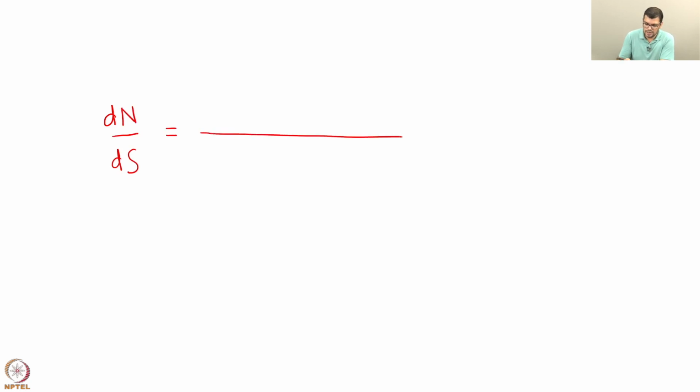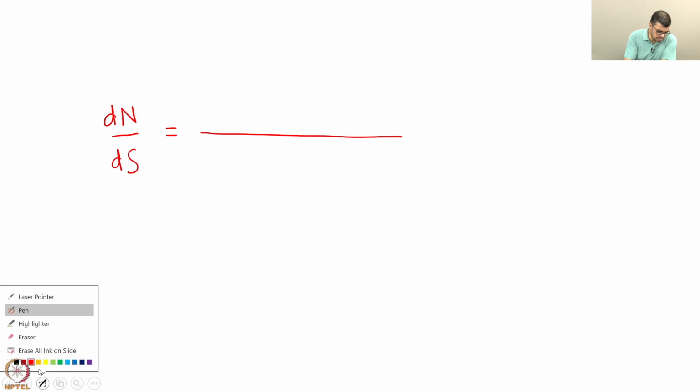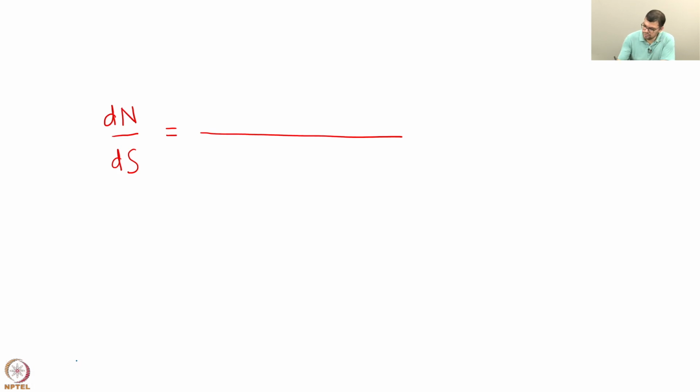So, continuing the dN by dS discussion, this quantity we saw is the ratio of the following, and all of this starts from comparison of two different species or two different groups of the same species.